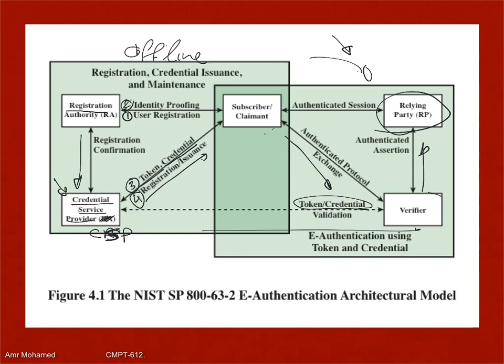The relying party, which could be an email server, a cloud system, or something like this, can now engage directly with this user in direct communication. So this is a very generic and abstract model for authentication. We will focus more on this part, and at the end of this chapter, we'll focus a little bit on this part.